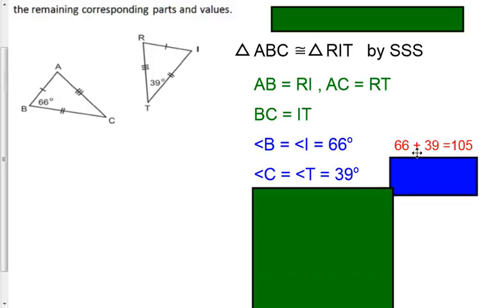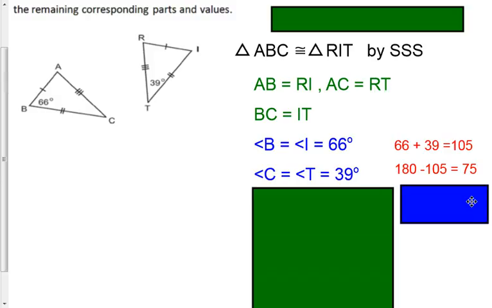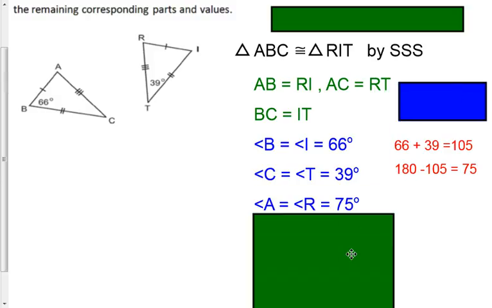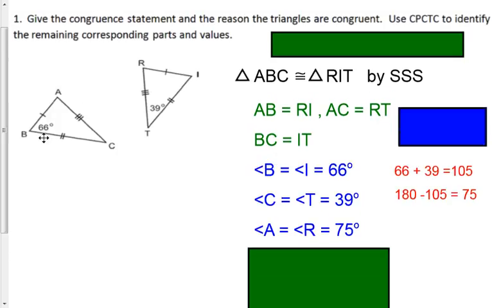So 66 plus 39 is 105. 180 minus 105 would be 75. So angle A equals angle R. They're the same size. They're congruent. And they both equal 75 degrees. So this would be all of the parts of each of these two triangles being exactly the same.